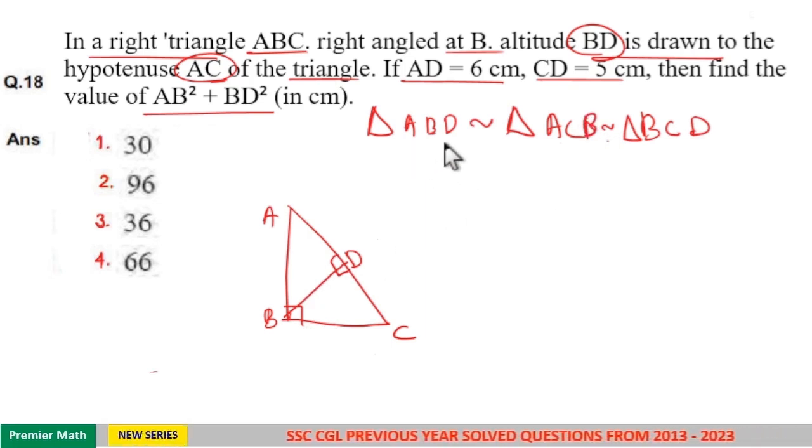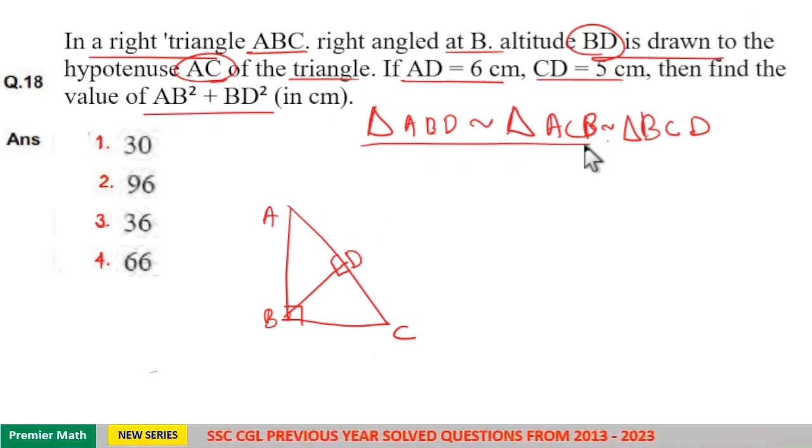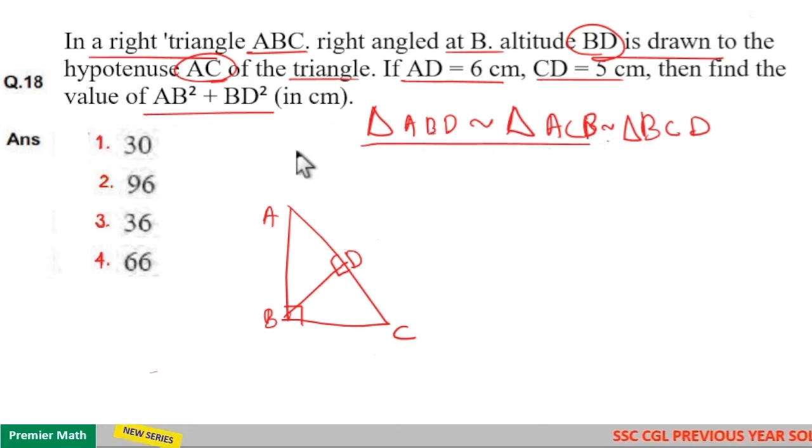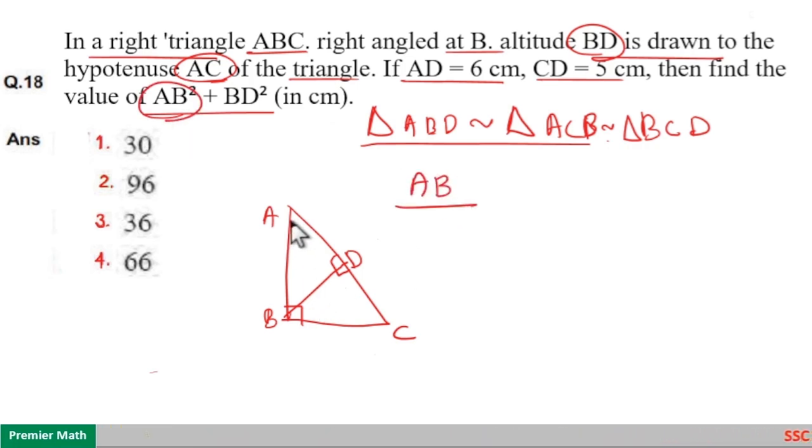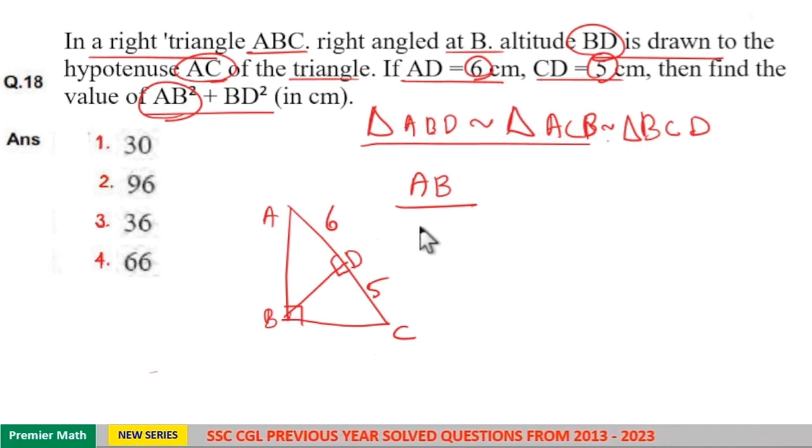Now, you can take corresponding sides from these letters itself. That is, from these two triangles, we need AB square first. That is, AB divided by AD is equal to 6 and CD is equal to 5. Now, AB divided by the corresponding side AC.